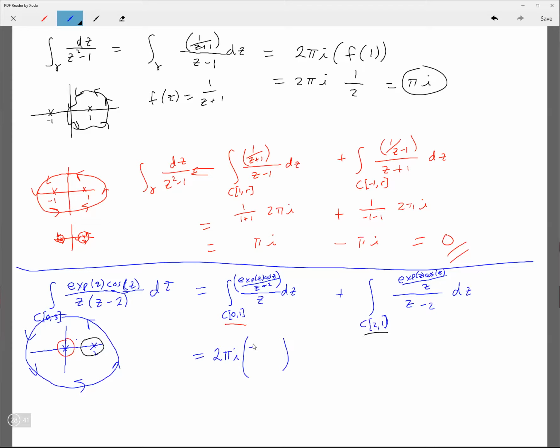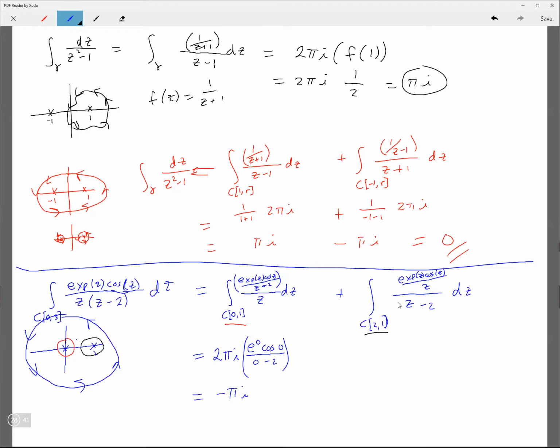Well, e to the 0, cosine 0, over 0 minus 2. Yes, like that. These are both 1, so it's going to be 2 pi i over -2, so that's negative pi i, right? Yeah, all this becomes negative 1/2, and so then it's negative pi i.